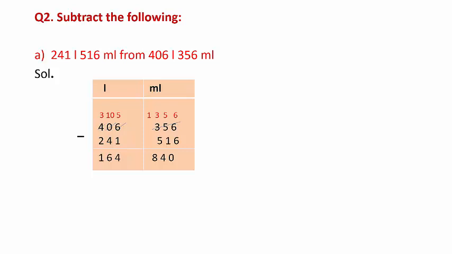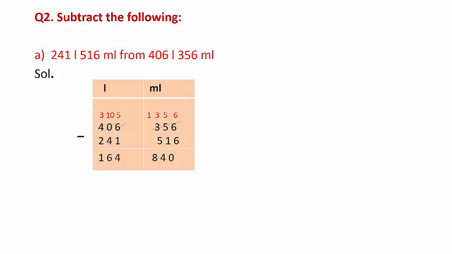So first you see here in milliliter, 356 milliliter is smaller than 516 milliliter. So we will borrow 1 liter from the liter column, that is 406. If we subtract 1 liter, it will become 405, and the 1 liter is coming to the milliliter column. So when we convert 1 liter into milliliter, it will be 1000 milliliter, since 1 liter equals 1000 milliliter.